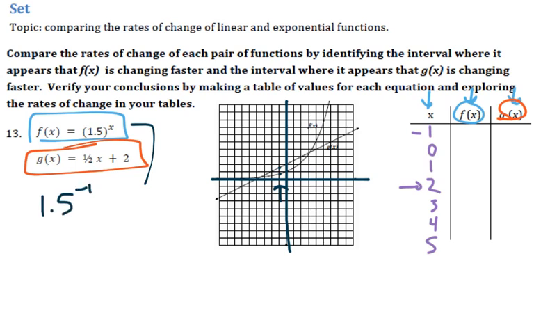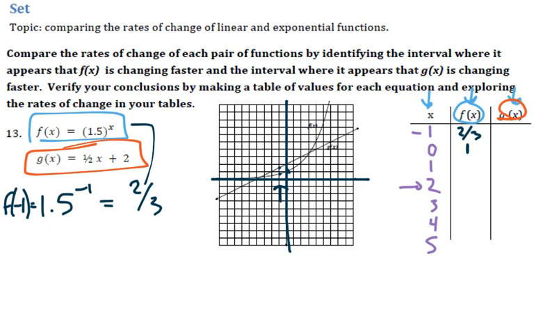What's 1.5 to the negative 1? If we put in negative 1 for x. Well, I use a calculator. 1.5 to the negative 1 gives me 2/3. So f of x would be 2/3 at that. If we look at the y-intercept, pretty easy to see that f of x is here at 1. Okay?